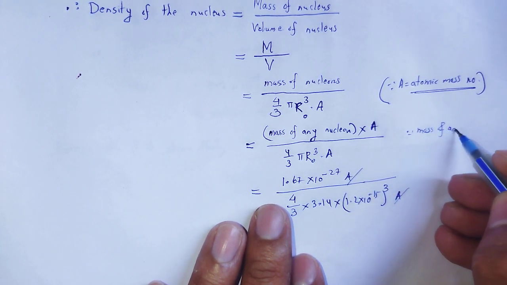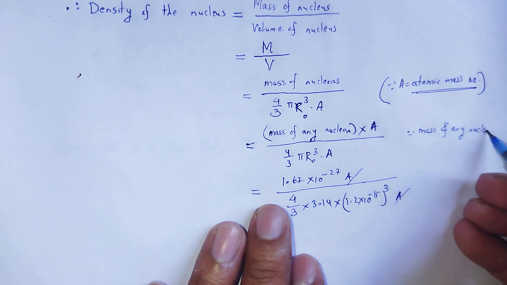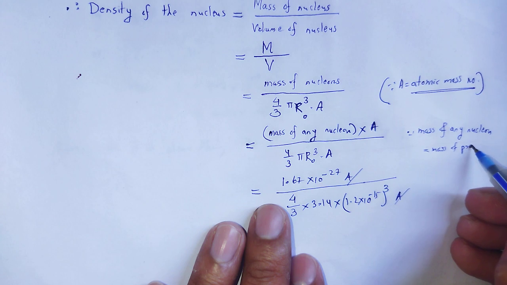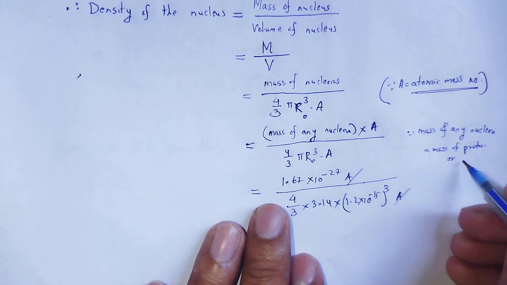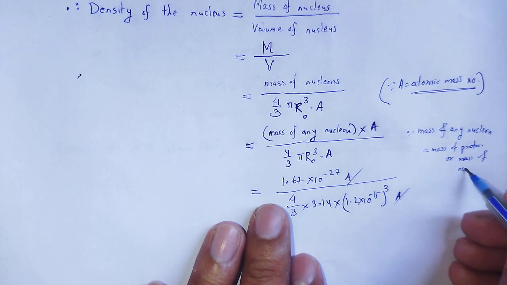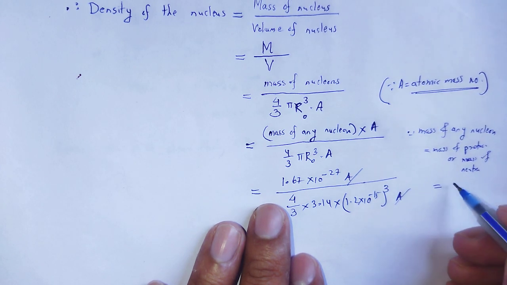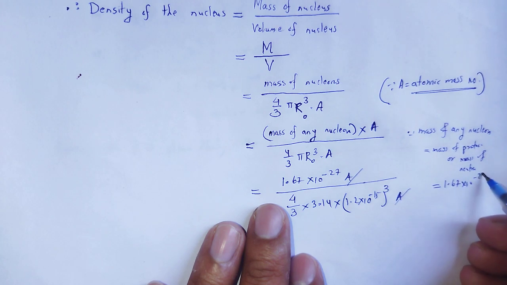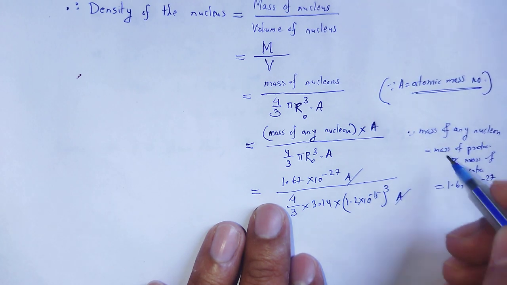Mass of any nucleon is equal to mass of a proton or mass of neutron, which is equal to 1.67 into 10 to the power minus 27 kg.